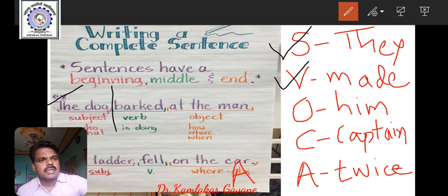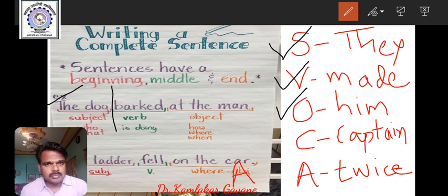Okay. Then the third element is O. O stands for object. As we say, subject is the doer of action, object is the receiver of action. Action is done upon the object. Look at this sentence, they made him captain twice. They are the doer of action.